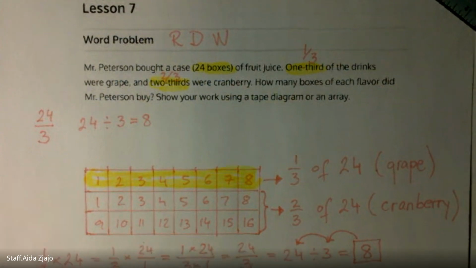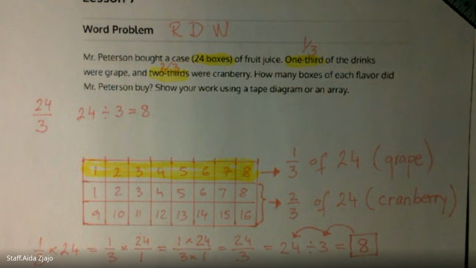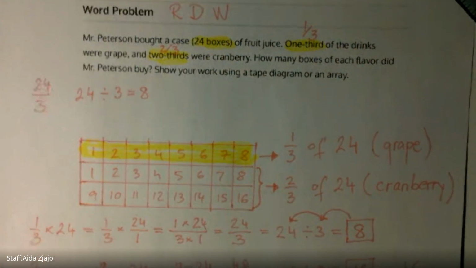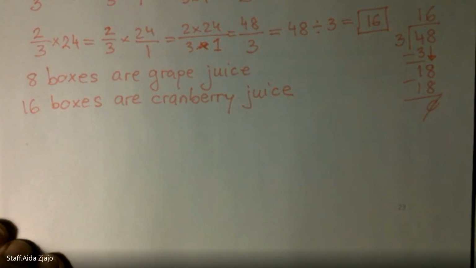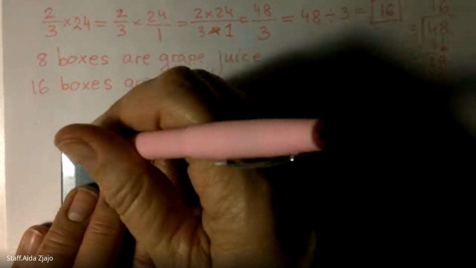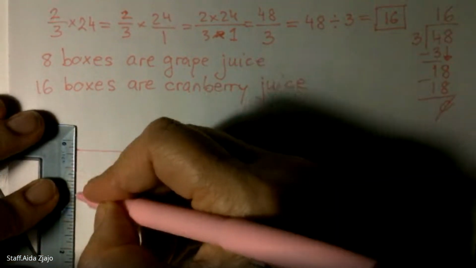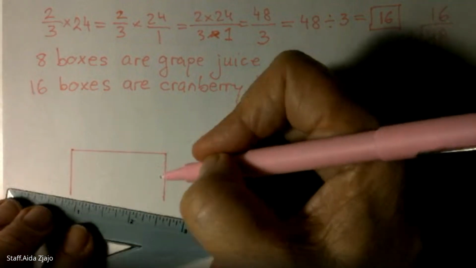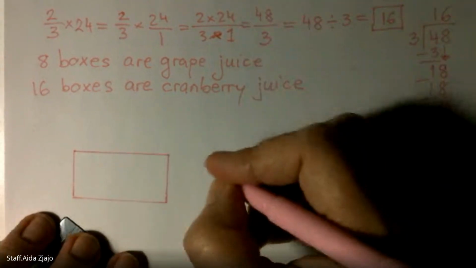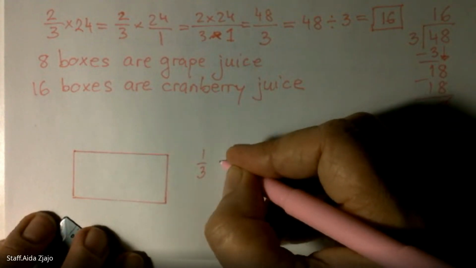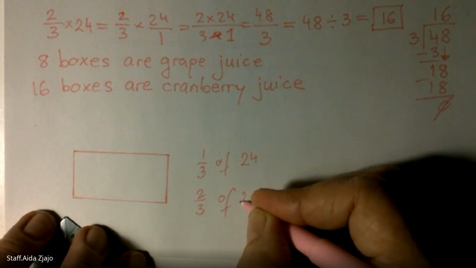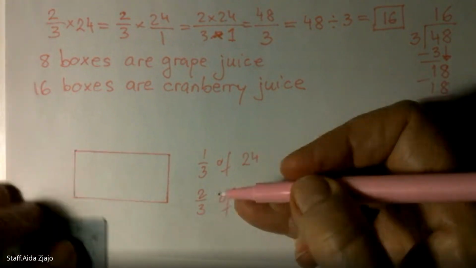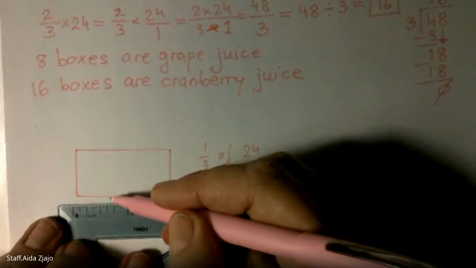This is more understanding, but it could be much easier if we take a tape diagram. Let's quickly see that this tape diagram represents all 24 boxes. Because we need to find 1/3 of 24 and 2/3 of 24, I can divide this rectangle in 3 pieces.